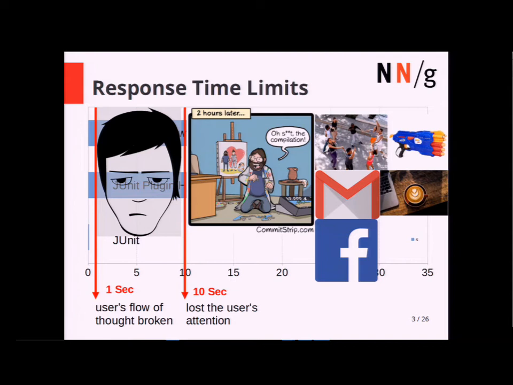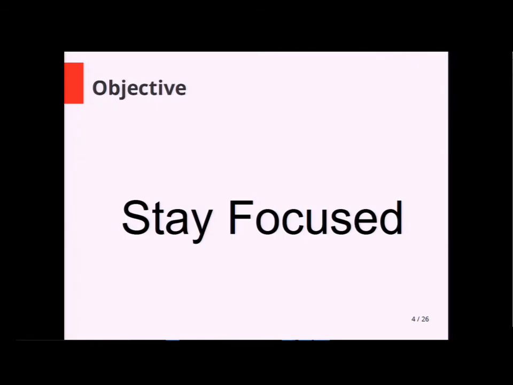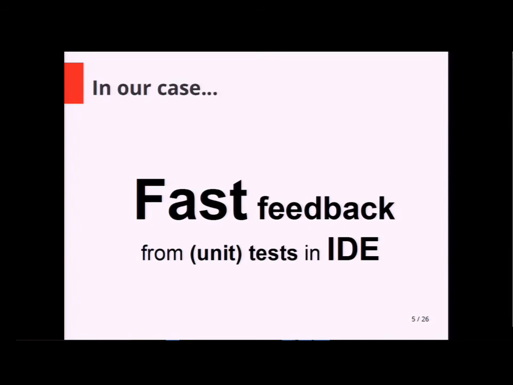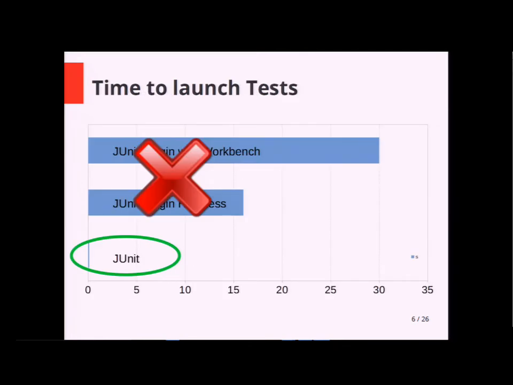So what I want when I develop and launch my test is to be able to stay focused on what I am doing. So what does it mean in our case? It means that I really need a very fast feedback from my tests directly in my IDE. I want to ensure that my tests are running, but I want it in less than a second in order to stay focused.